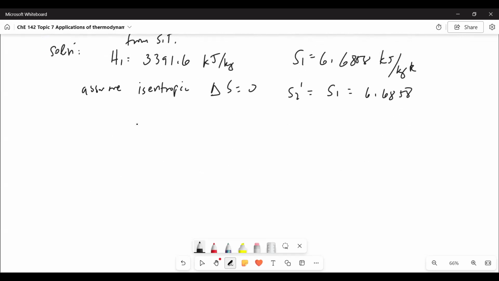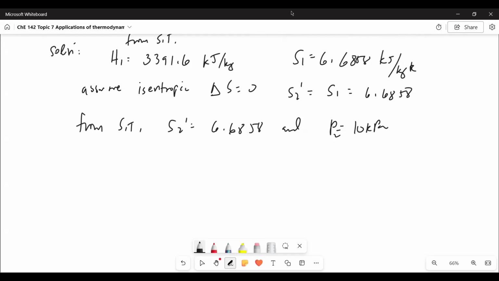And if that's the case, then we can read from the steam table with S2 prime equal to that 6.6858 and P2 equal to 10 kilopascal.